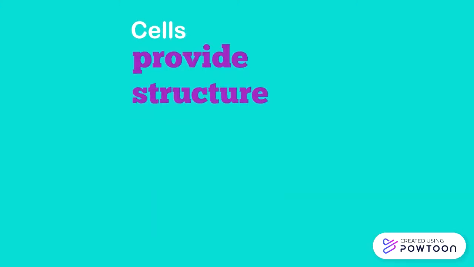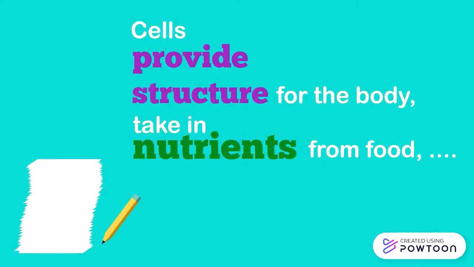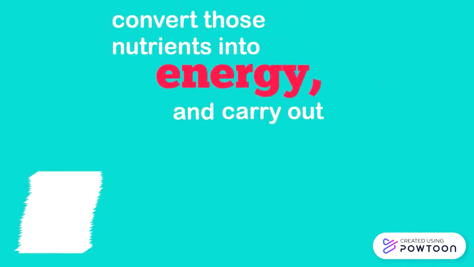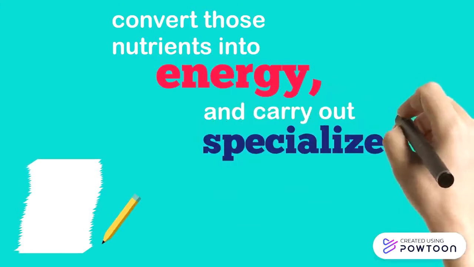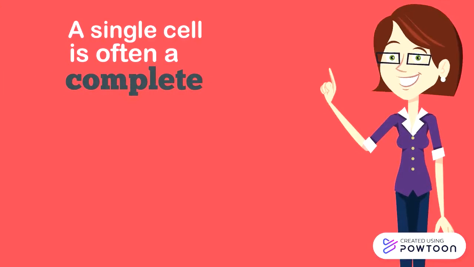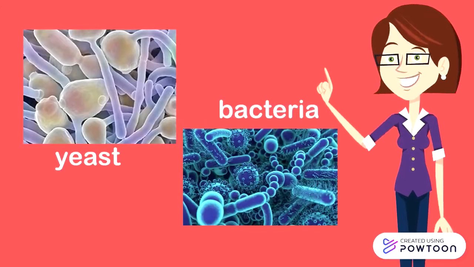Cells provide structure for the body, taking nutrients from food, convert those nutrients into energy, and carry out specialized functions. A single cell is often a complete organism in itself, such as yeast and bacteria.